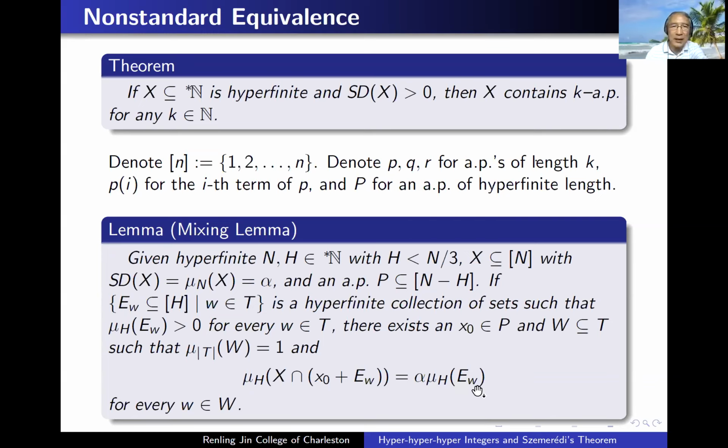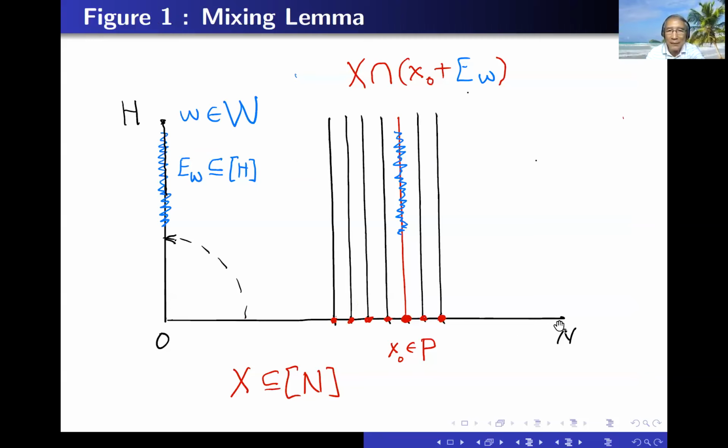So here's the picture. We have N, and we pick an H, which is not too large, and we put it in the vertical direction.